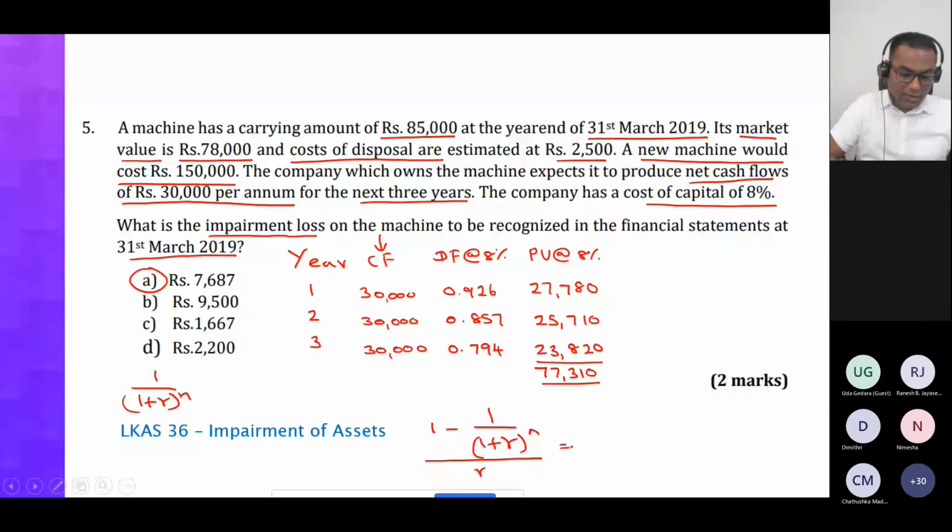In this case, for your information, the annuity factor would be 2.577. This annuity factor into the annual cash flow, that is 30,000, gives the present value.